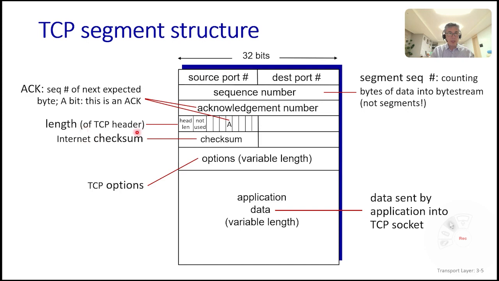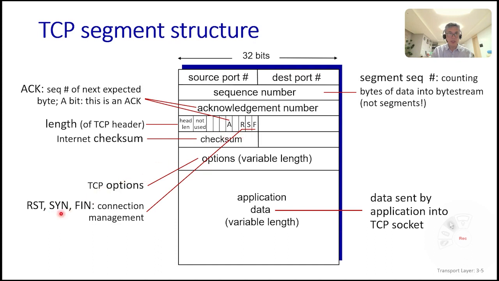Before that, TCP also has a length. This length is the TCP header length. Also, other flags: A is acknowledge. If this is set, this TCP segment is an acknowledgement, and R means reset.